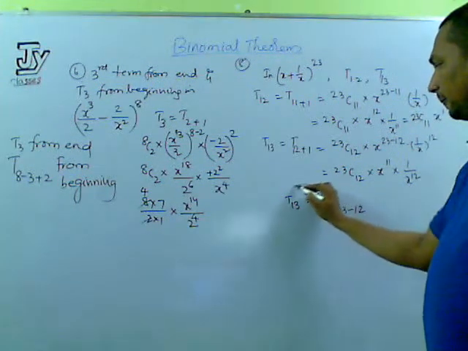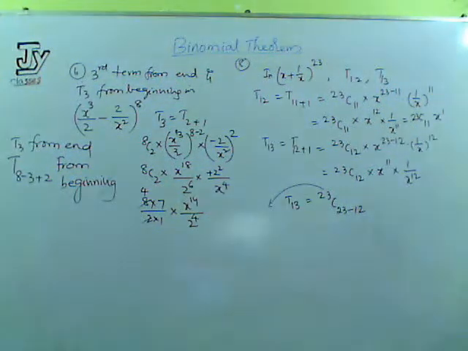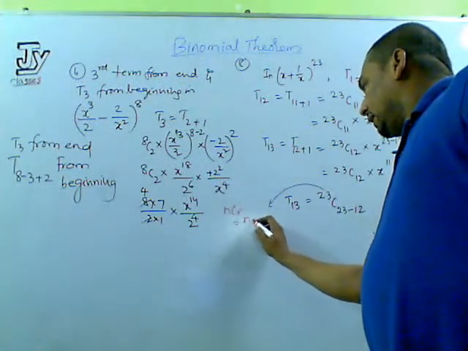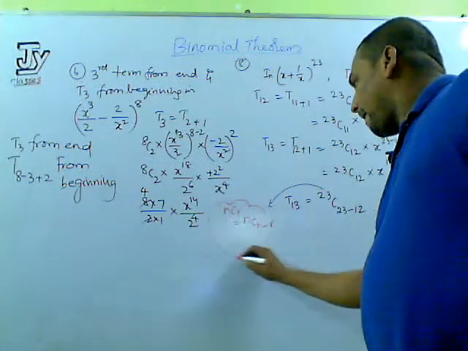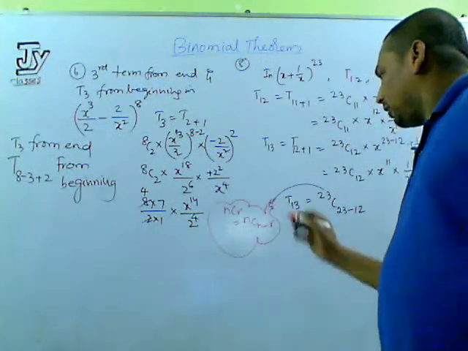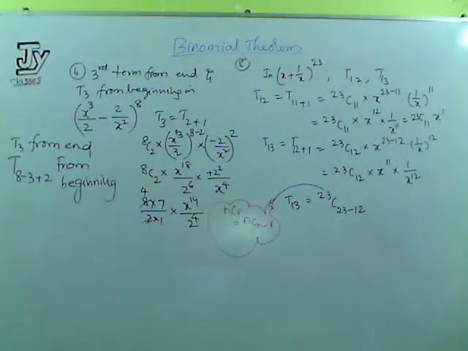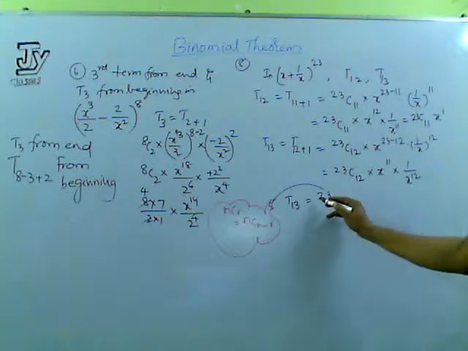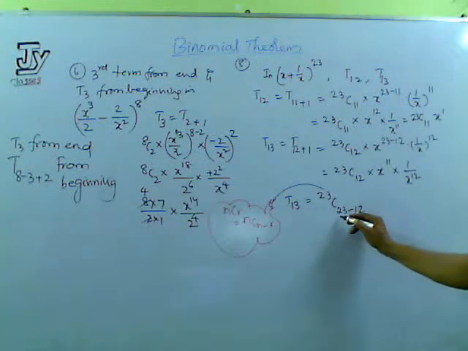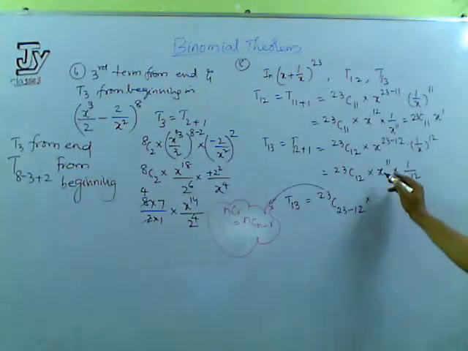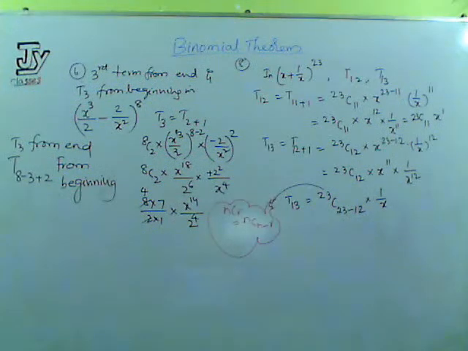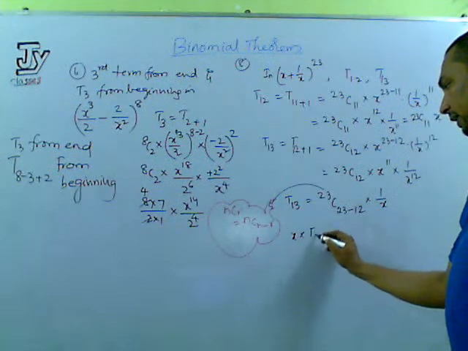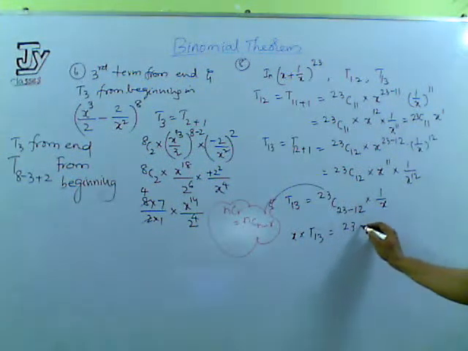Which formula is used here? nCr is equal to nC(n-r). So 23C12 is equal to 23C(23-12), into 1/x. Multiplying by x on this side, x into T13 is equal to 23C11.